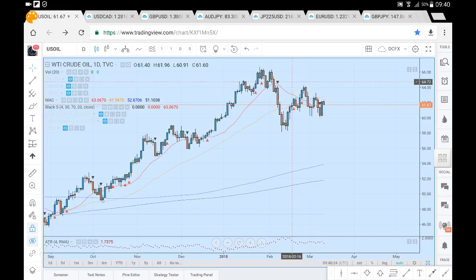So here on this daily chart, we've had this strong move to the upside, then a very sharp sell-off. Had another move up, and we've posted a lower high, but we've not retested these lows. We do appear to be finding support in around that $60 barrel mark.